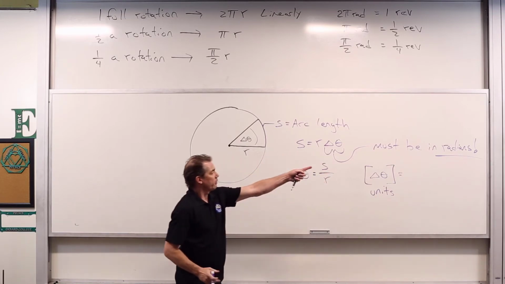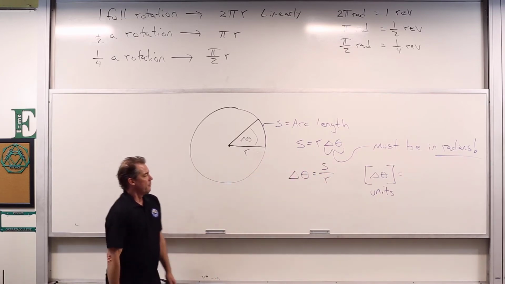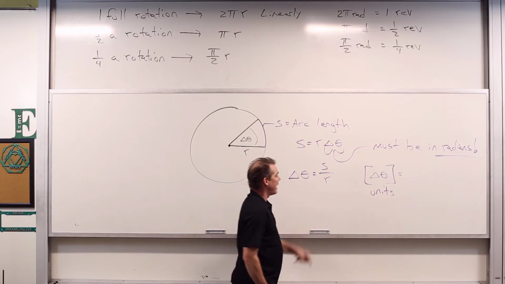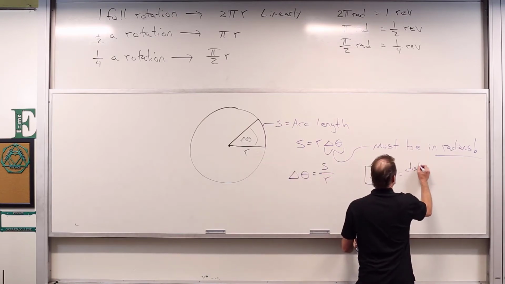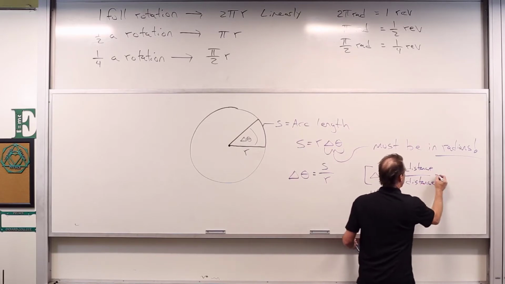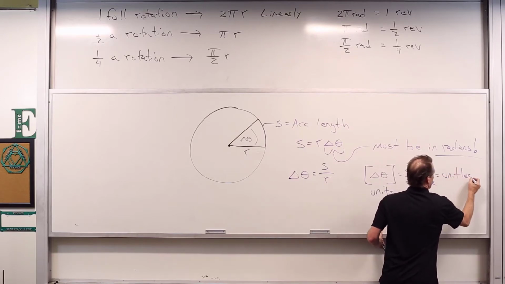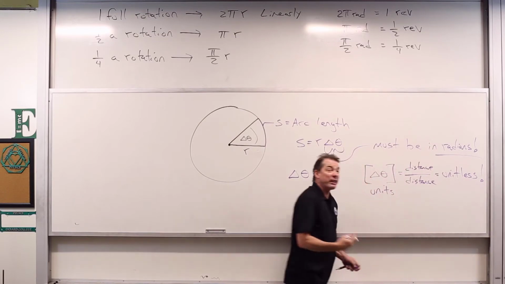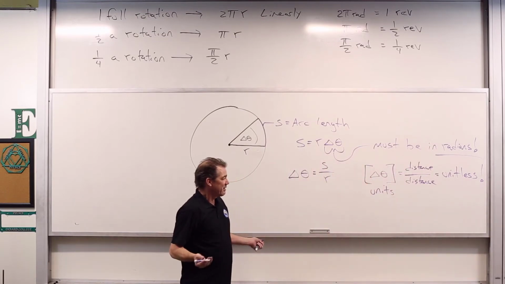Well, we just said delta theta has to be in radians, but this is going to be meters divided by meters. Distance divided by distance. That's actually unitless. There's no units.